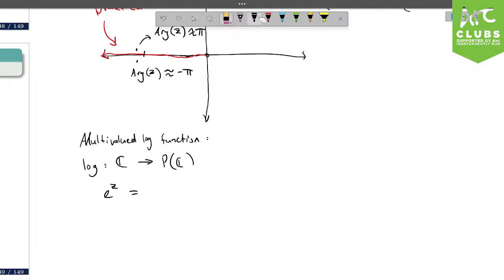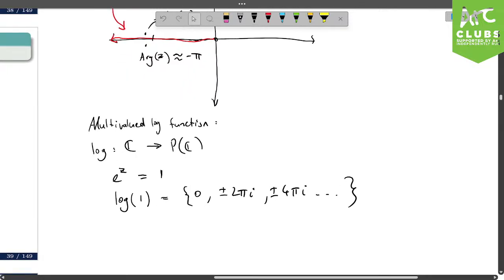actually a better example perhaps would be the one we used before, 1. If you're trying to solve this, then you would take the log of 1 to solve for z, and what you would get back is the set of all solutions: 0, plus or minus 2 pi i, plus or minus 4 pi i, etc. And necessarily, of course, z is going to have to be part of that set.